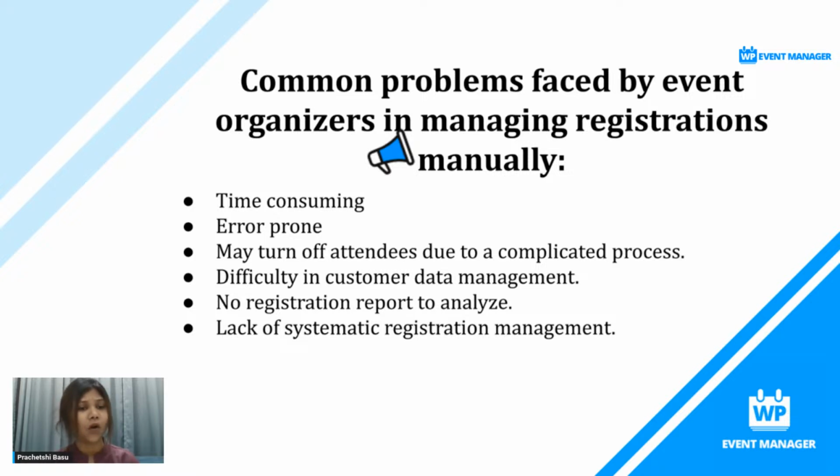Even if you're offering online registration on a third party website, jumping from one website to another just to register for an event might turn off your attendees. So it is always better to have a plugin. Difficulty in customer data management.